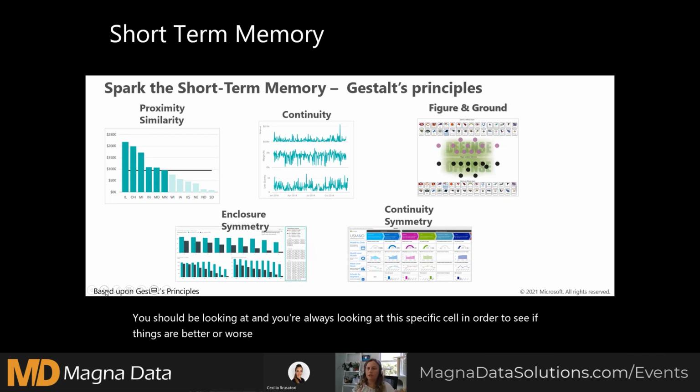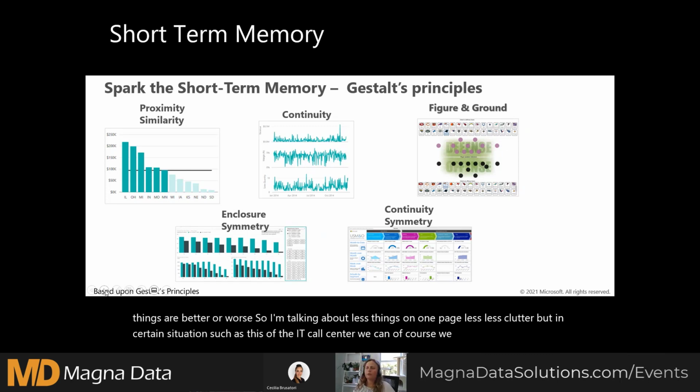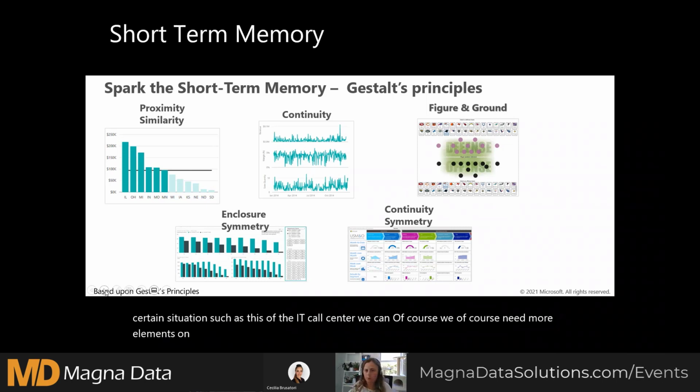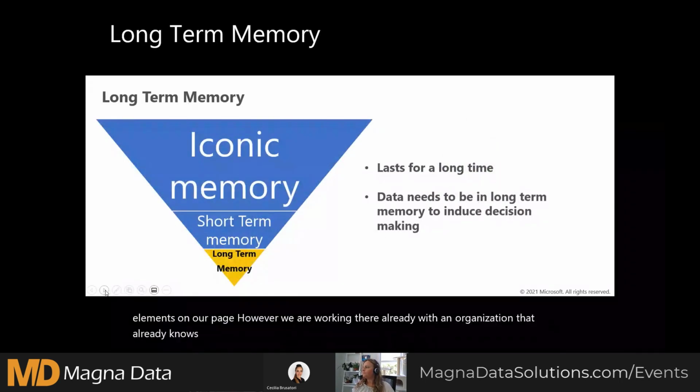I'm talking about fewer things on one page, less clutter, but in certain situations, such as this IT call center, we of course need more elements on our page. However, we are working with an organization that already knows about this.